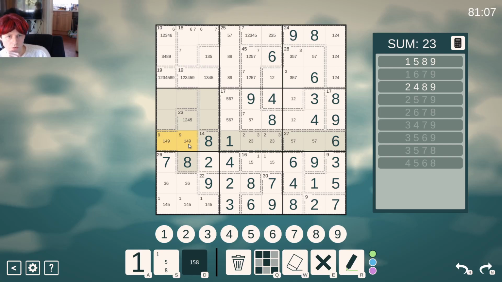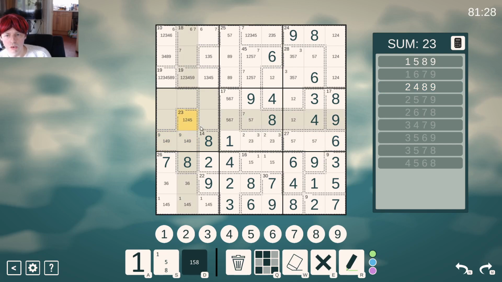So if one of those is 9, the other number is 1, and then that has to be 5. Or the other number has to be 4, and then that's 2.